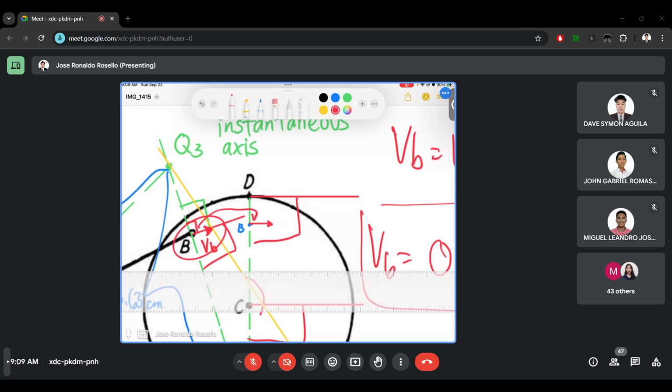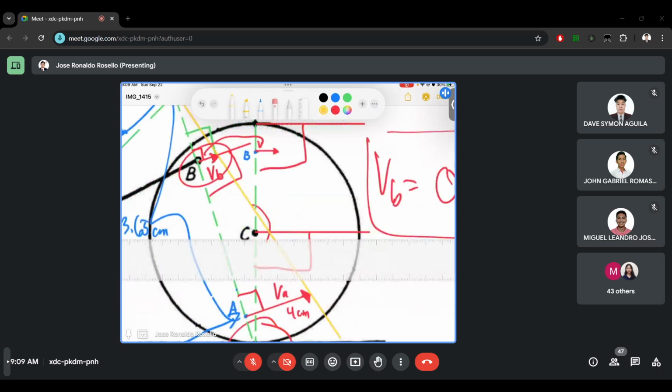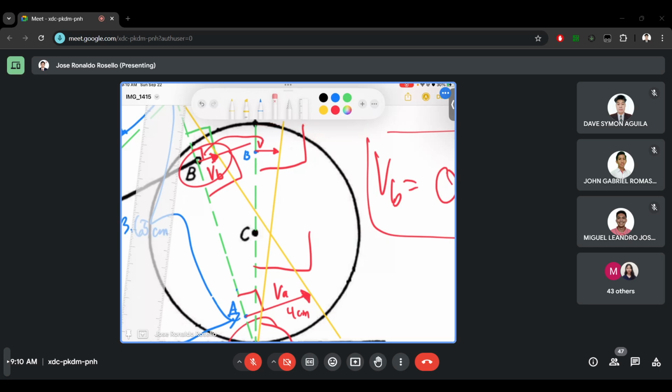Then we'll make the proportionality line from the Q4 going to the vector of point B. And once we have this, we will now have the vectors at C and D. So for C, we'll just make a perpendicular line here.